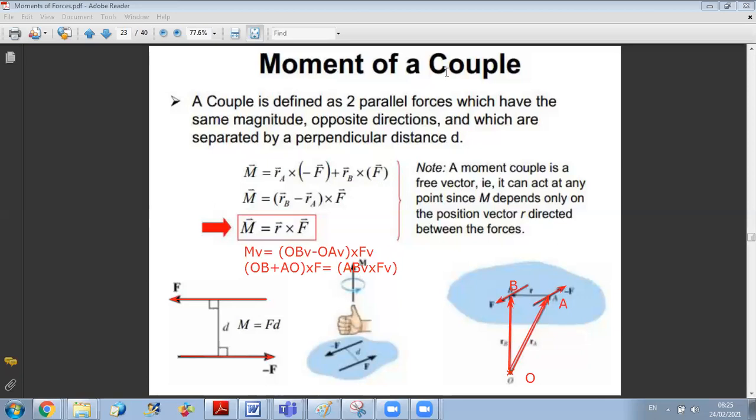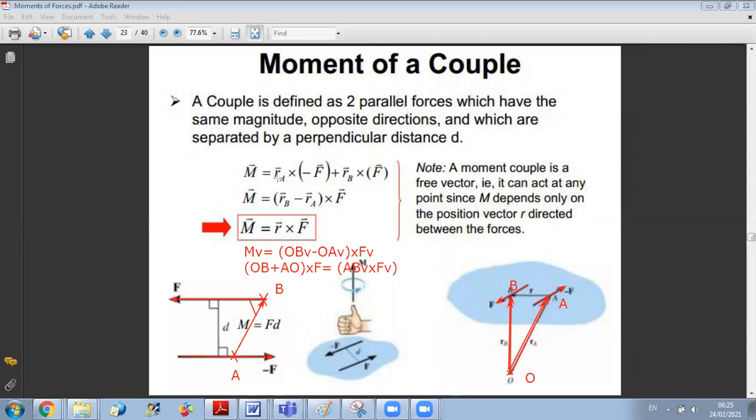So here, if I take A here, for example, so if this is A and this is B here, when I do AB vectorial F, this is point A on minus F, and this is point B. By definition, when I do the vectorial product, it's AB times F times sine theta, and theta is the angle between AB and F. And when I do AB sine theta, what do I get?